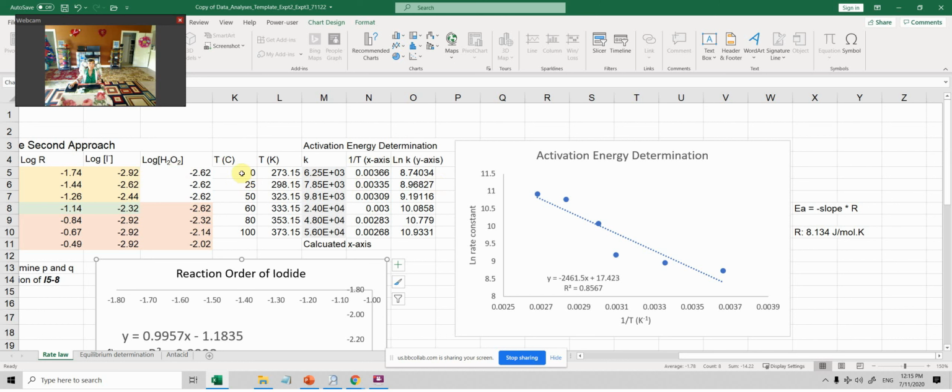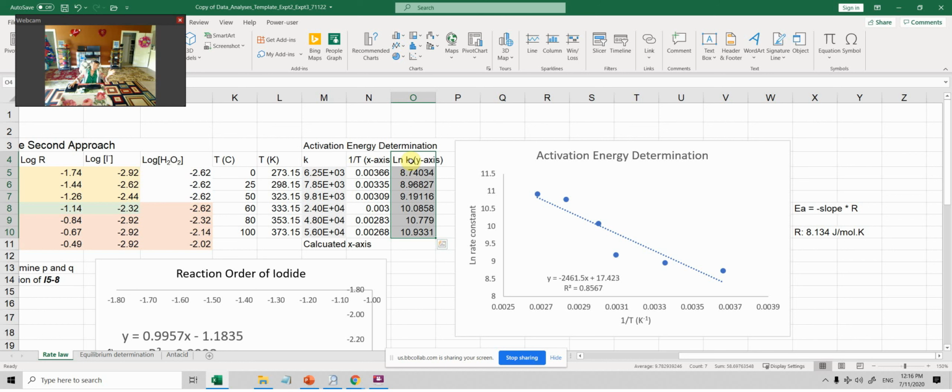And then you are doing this: 0 Celsius, 25, all the way to 180 Celsius. You are going to plot a graph using your ln k as your y. Ln k, this smaller k represents the rate constant.